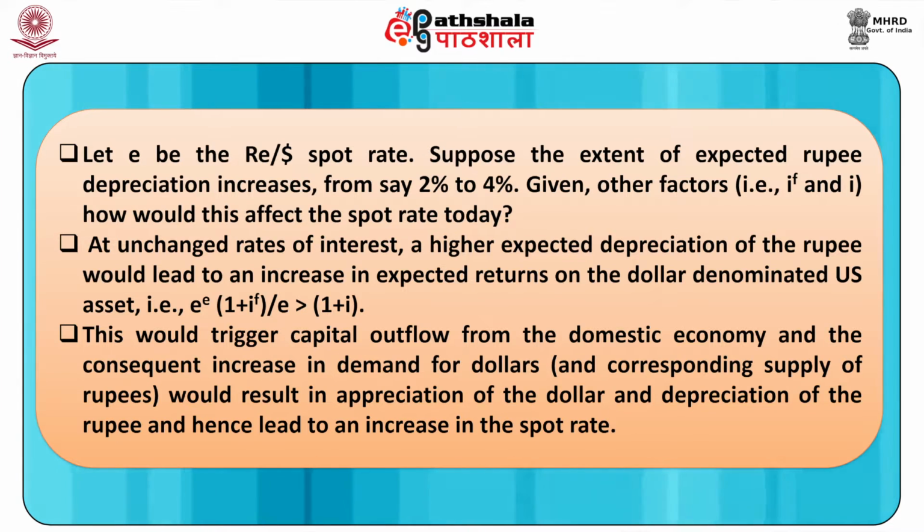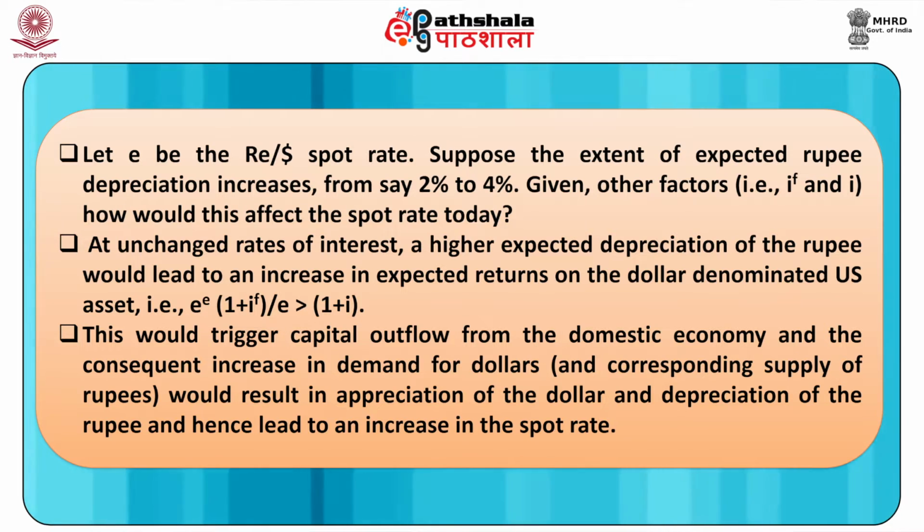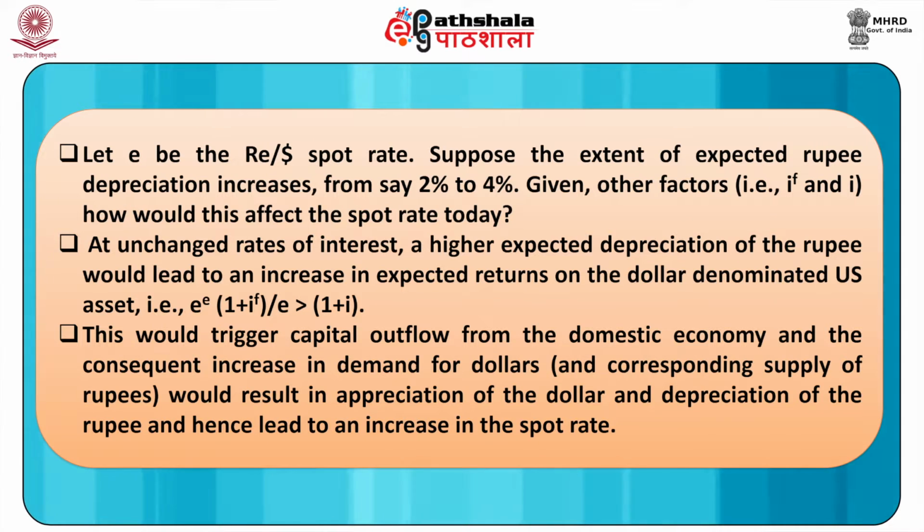At unchanged rates of interest, a higher expected depreciation of the rupee would lead to an increase in expected returns on the dollar denominated US assets, that is E^e (1 + i^f) / E, which is greater as compared to 1 + i.